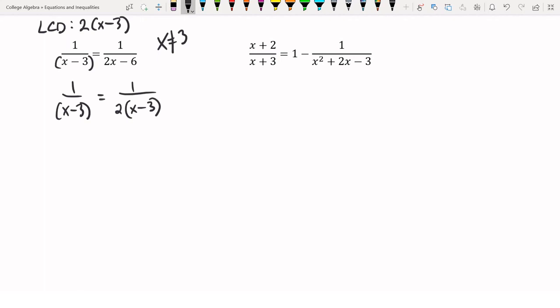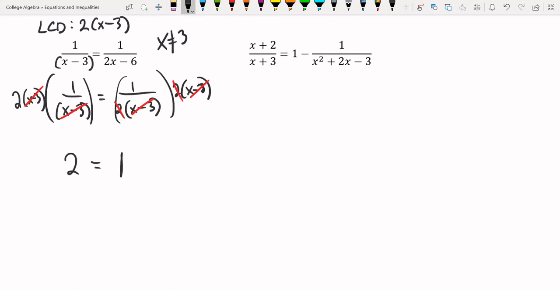Now we can continue by multiplying both sides by 2 times x minus 3. And we can cancel like terms. Those cancel, and the 2's cancel, giving us just 1 on the right-hand side. 2 times 1 is 2, and 1 is just on the right-hand side.